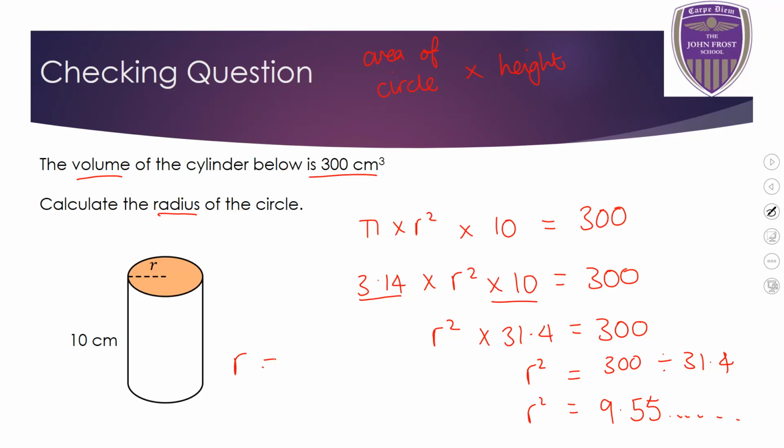So r should be the square root of the 9.55 and so on, whatever came up in your calculator. If you type that in, it comes out as 3.09, so 3.1 centimeters to 1 decimal place.